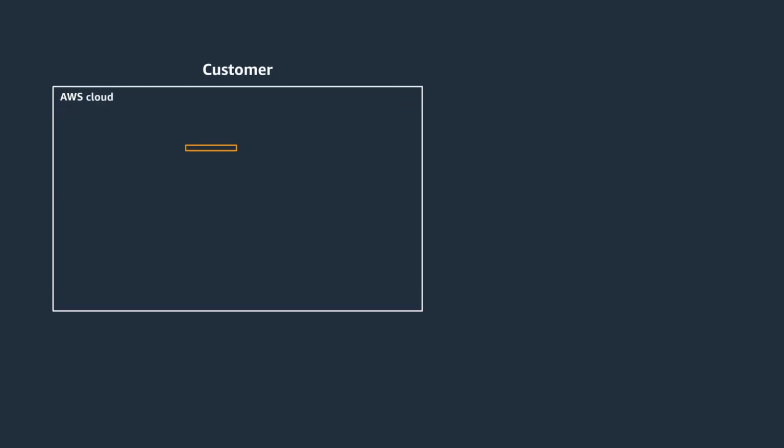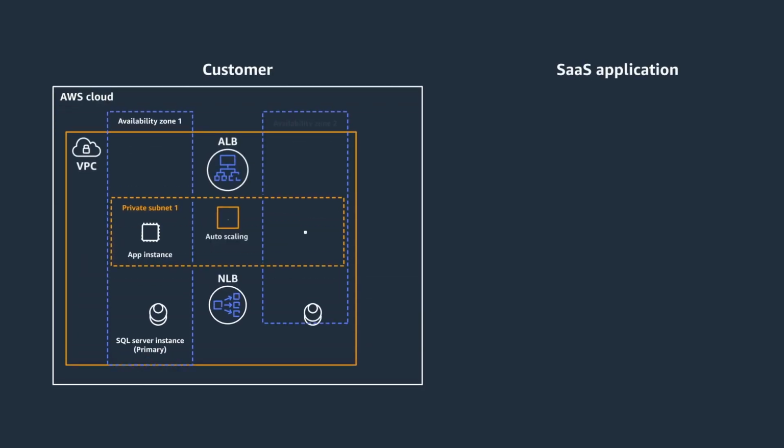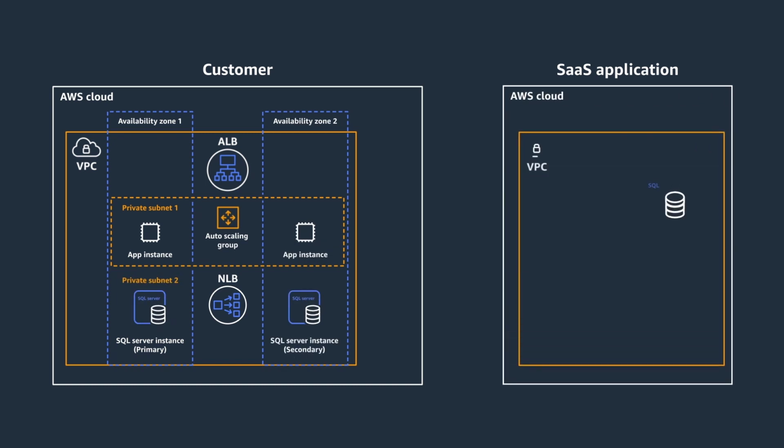In our example, we want to replicate the database in the SaaS application VPC to a SQL Server instance in the customer VPC. VPC endpoints make it easy to create a private connection between two VPCs of different AWS accounts in the same region. Traffic between both VPCs doesn't leave the Amazon network and doesn't require public IP addresses.